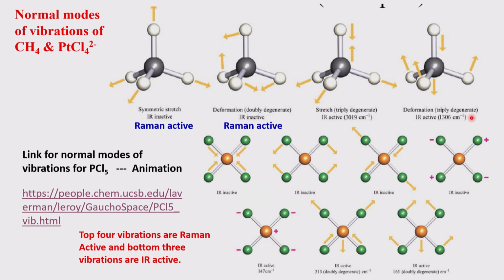So by studying both the Raman spectrum as well as the infrared spectrum, you can get a total vibrational spectrum. A total vibrational spectrum is the Raman spectrum plus the infrared spectrum, and you will get the total vibrational spectrum only then.